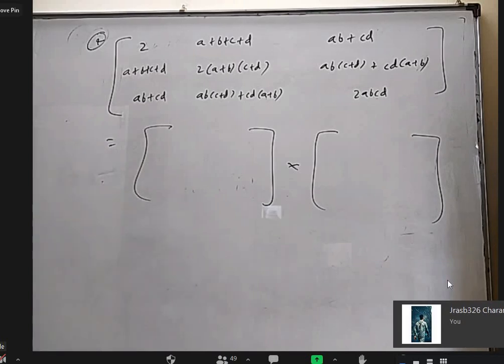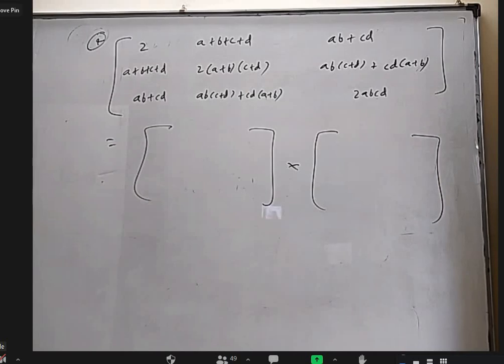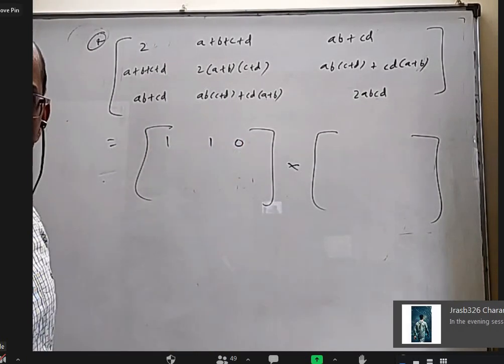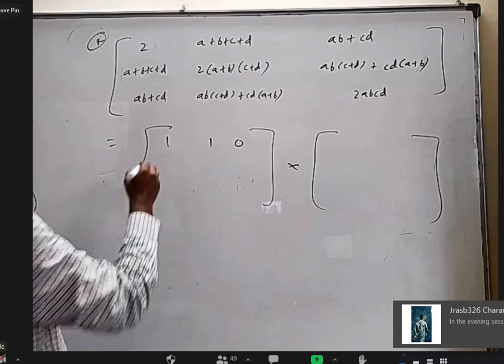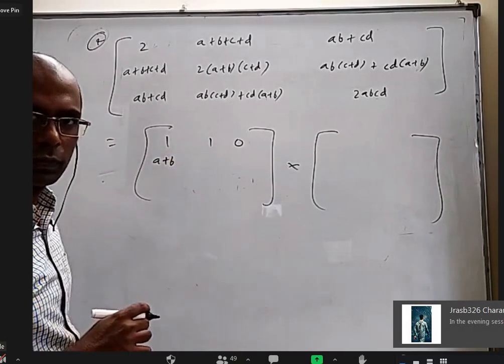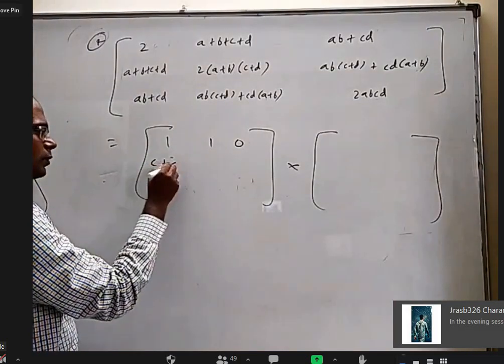Sir, my answer is for the first matrix 3 into 3. Okay. First row 1, 1, 0. Okay. A plus B, C plus D. You want to tell C plus D? Okay. All right.